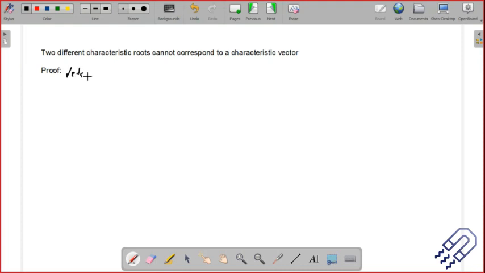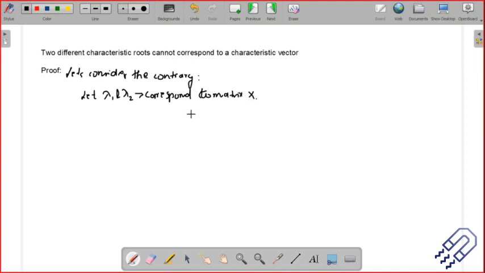In the contrary case, lambda 1 and lambda 2 both correspond to the matrix A and vector x.